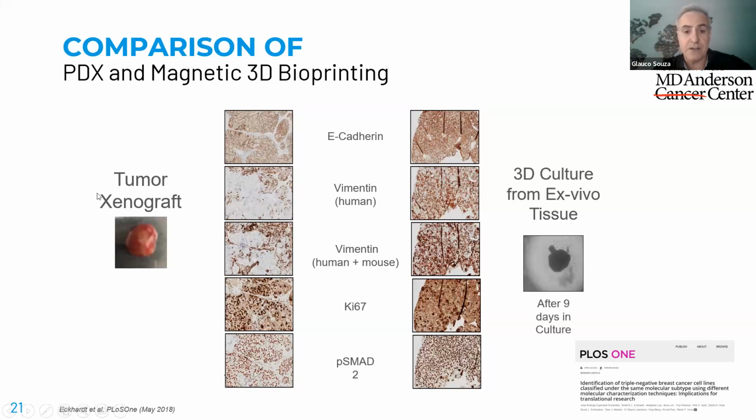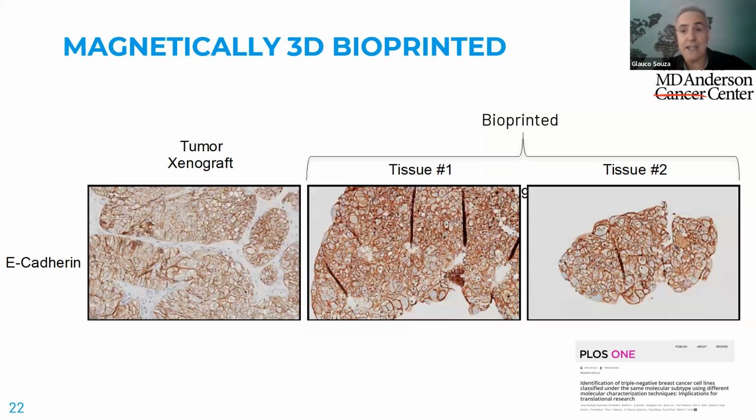So we looked at E-cadherin, Vimentin, Ki67, and pSMAD, and here is the morphology of the different samples. On the left is E-cadherin immunohistochemistry, paraffin embedded, both done exactly the same. But if you look at the pattern, it's very similar. The middle and the right are bioprinted structures, and the left is the tumor.